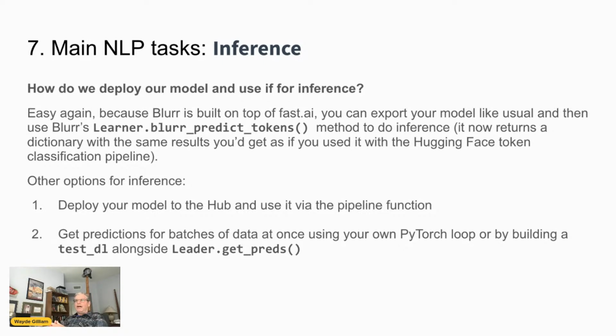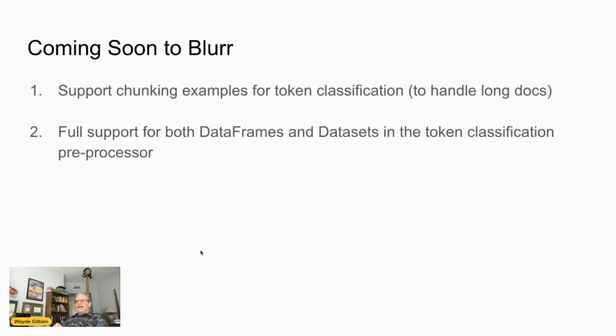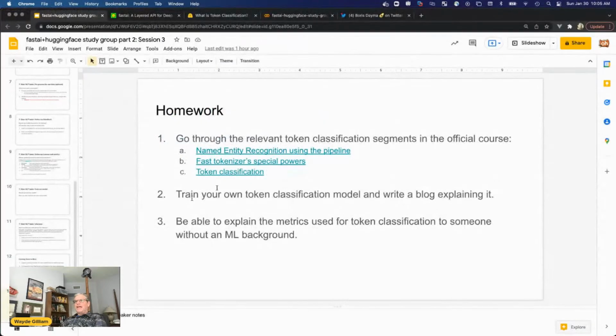If you're doing inference on batches of data at once, which is typically what I do, so I get an Excel file or a CSV file of thousands, tens of thousands of text items that I want to do inference on, probably the best approach is to either create your own PyTorch loop and iterate through and get your predictions using pretty much standard PyTorch, or you can use, I'm sorry, it's not leader, it's learner.get_preds.